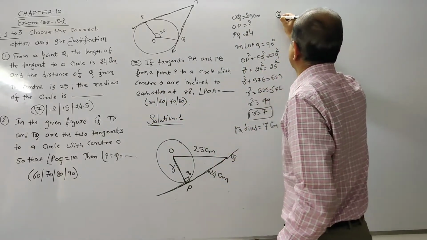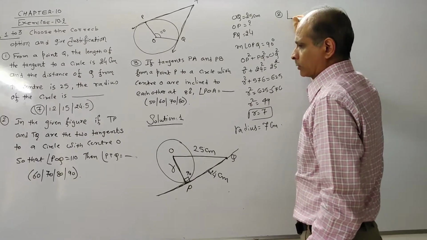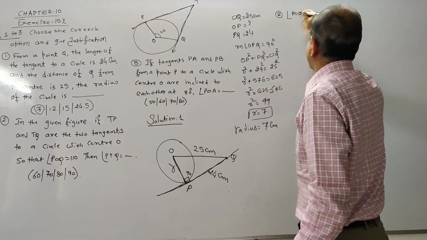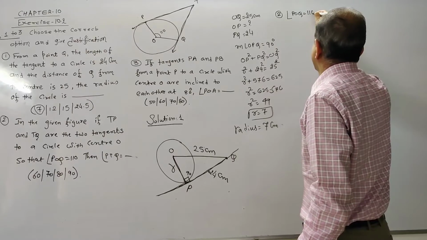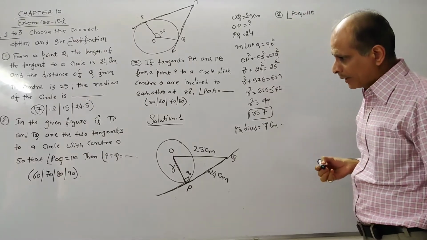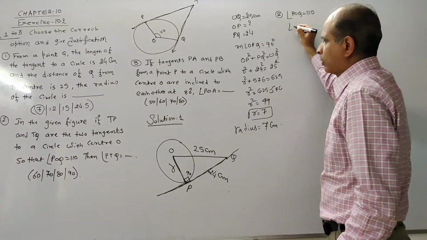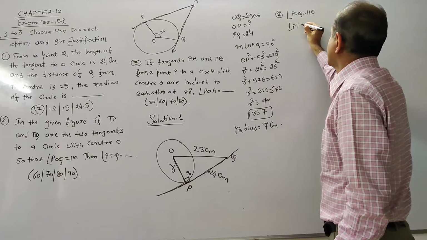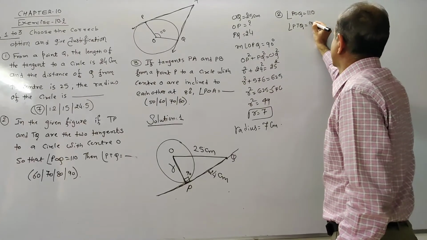Now question number 2. Angle POQ is equal to 110. Then your question is to find out angle PTQ is equal to question mark.